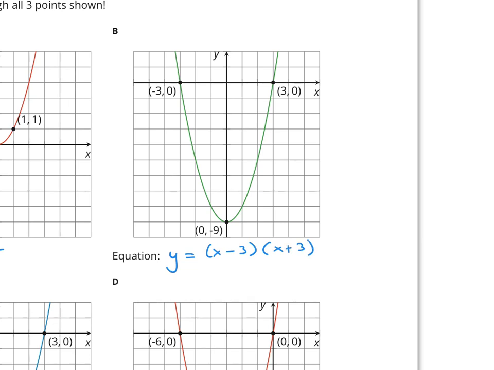Okay, if I think about the shift in the graph, I see that it's shifting down. There's no side-to-side movement, so that means my equation would just be x squared minus 9.